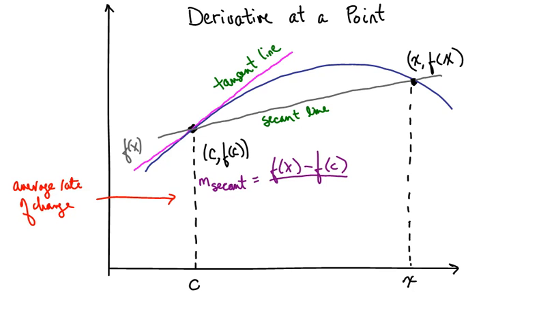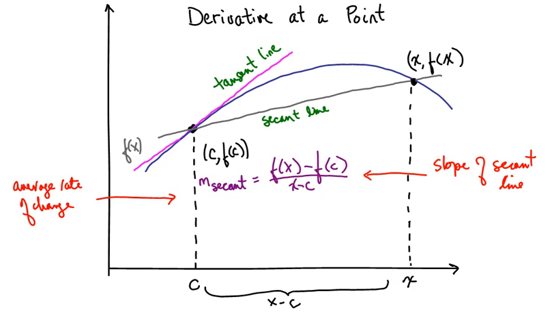And we're going to divide that by the change in x, which is the distance from c to x, or x minus c. So we divide that change in y by the change in x, and we have a formula for the average rate of change that is very similar to the expression we had in the last video. And again, that is the slope of the secant line.